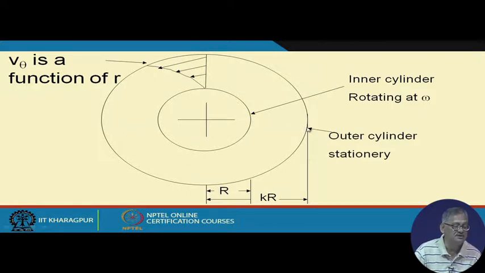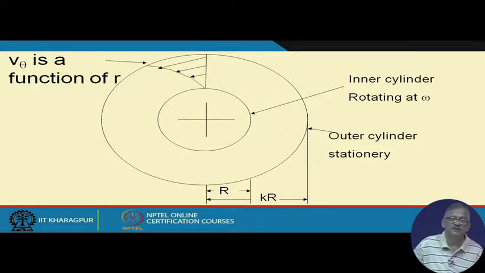So, this outer cylinder is stationary and the inner one is rotating with an angular velocity of omega, and we kept R and kR as in the first case, that this is R and this is kR.